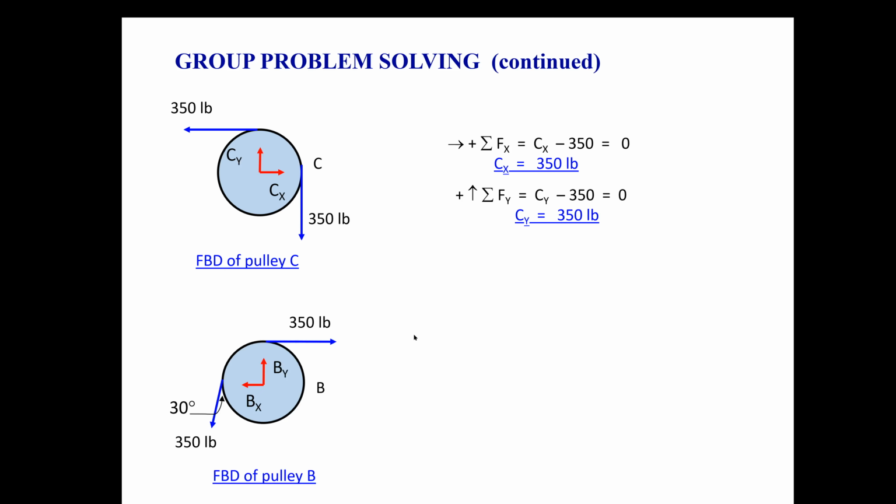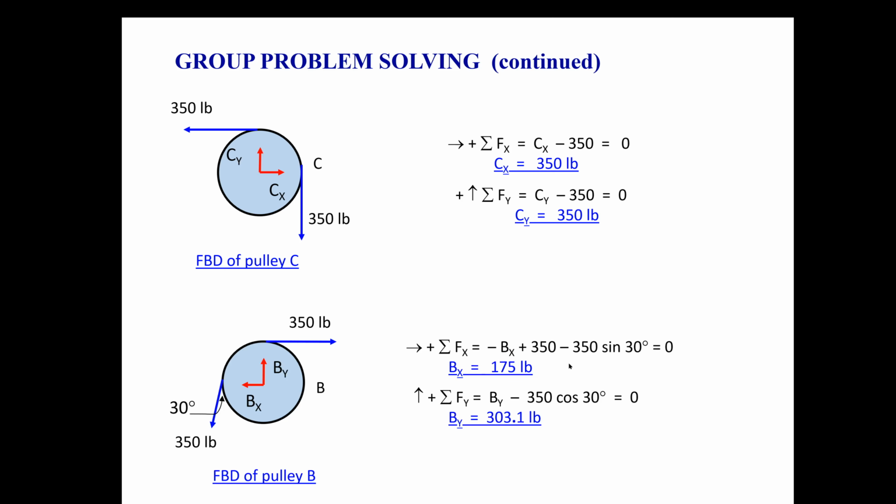Then we can look at the free body diagram of pulley B. And one of the things you'll notice about this one is that since this cable is off on an angle, it's going to have both an X and a Y component, okay? So we need to consider that when we go through and solve this. All right, so just coming up with the equation. Here are the X components. You have minus Bx, that's this one going off to the left, so it's negative.